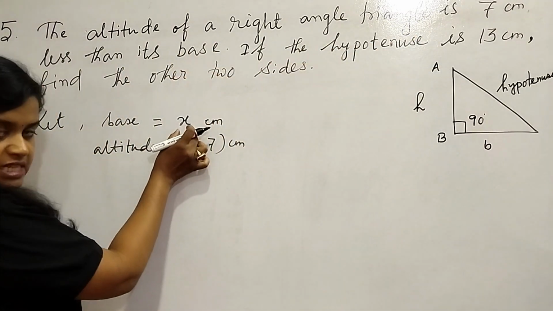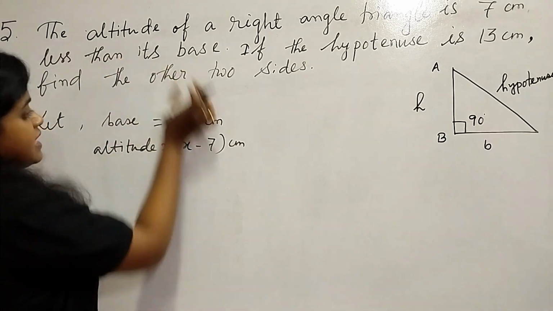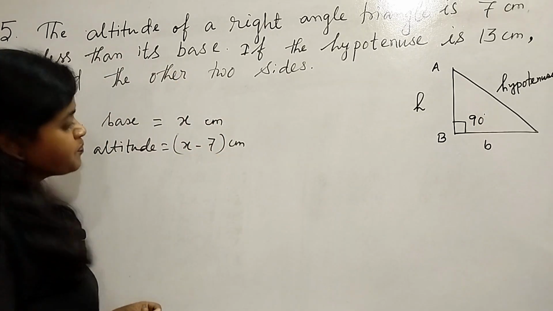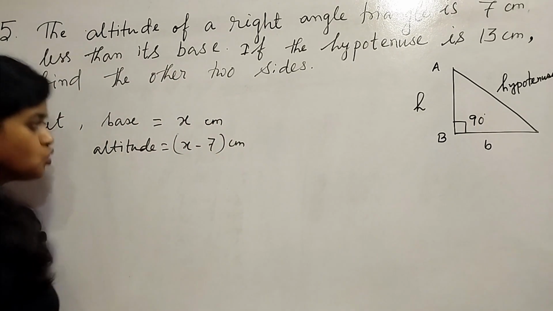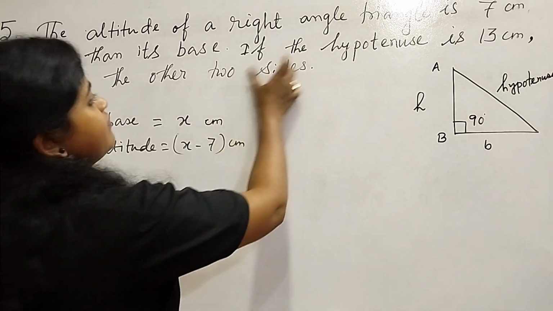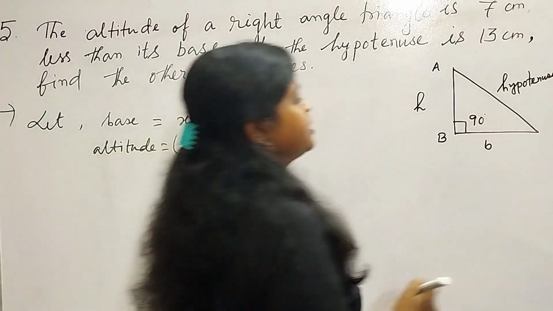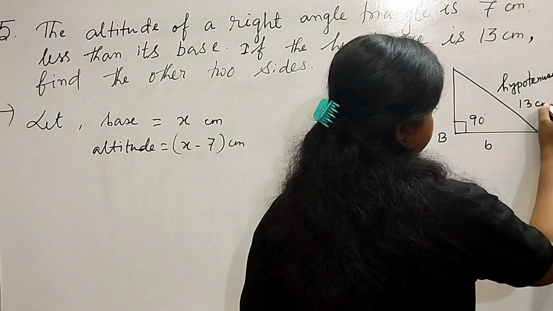So base is x, and 7 less means x minus 7. The hypotenuse is given as 13 centimeter.